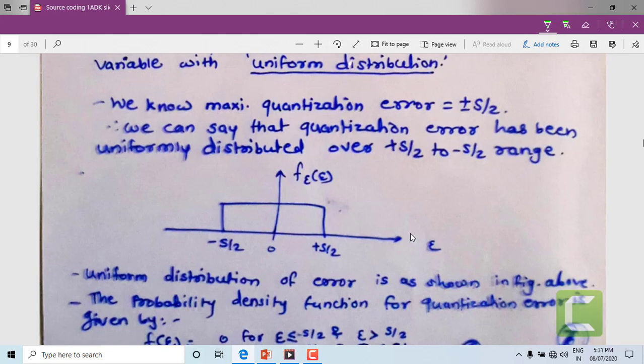So we will represent this quantization error as a probability distribution function. The error is going to change its value from minus S by 2 to plus S by 2, and this function will be uniformly distributed over that range.